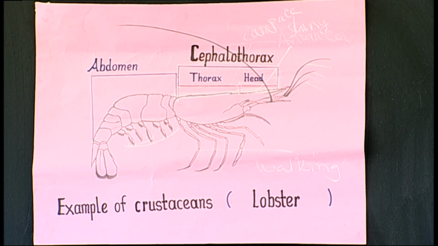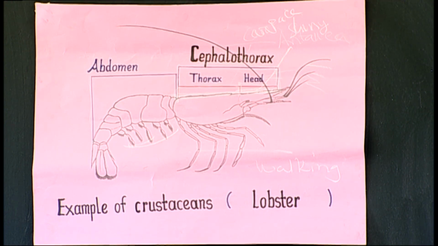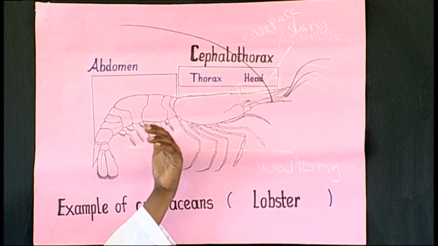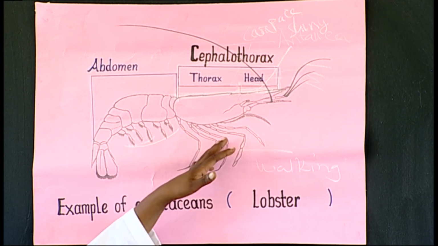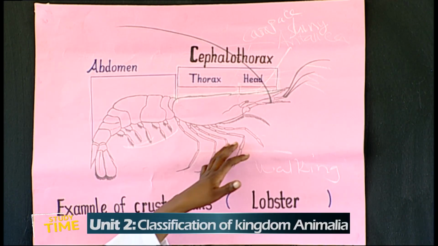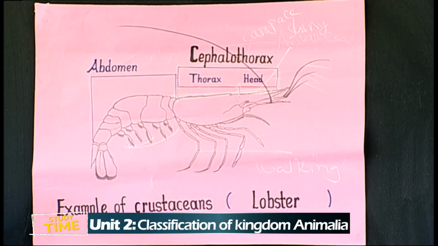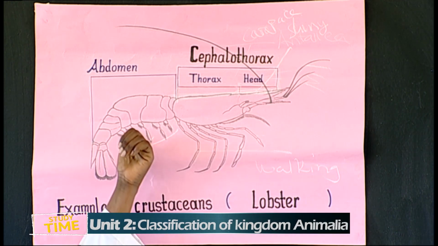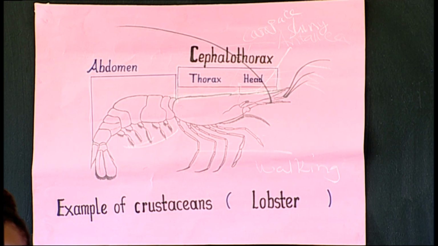What general term did we say to refer to animals living in water? Yes, we said they are aquatic. The majority are aquatic, so they need these legs for swimming in water. So they have a number of legs, some on the cephalothorax used for walking, and others on the abdomen used for swimming in water since they are aquatic animals.